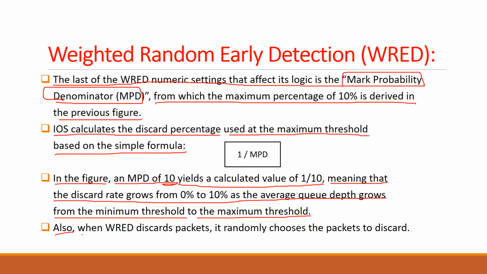Also, when WRED discards packets, it randomly chooses the packets to discard. So the mark probability denominator determines a percentage: how many packets will be dropped from the incoming packets. And this value occurs when the average queue depth is between the minimum threshold and the maximum threshold.